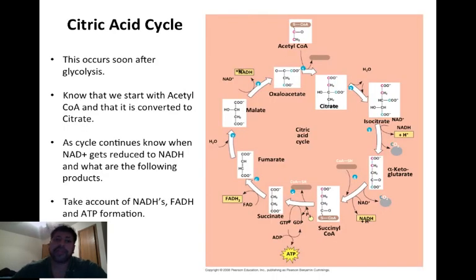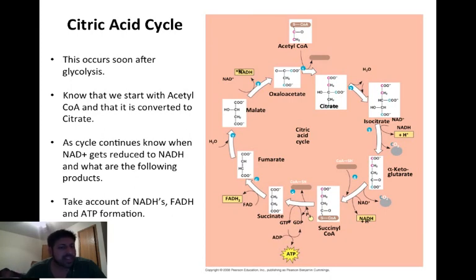Okay. The next stage then we have is the citric acid cycle. So again, this occurs soon after glycolysis. Know that we start with acetyl-CoA, and acetyl-CoA is up here. Now, where did this acetyl-CoA come from?